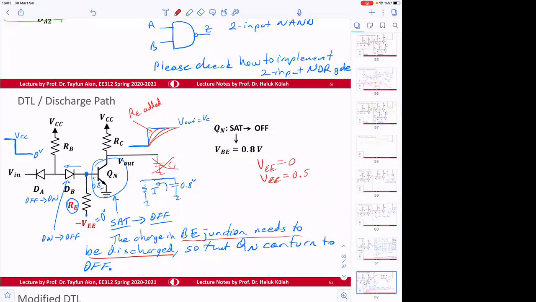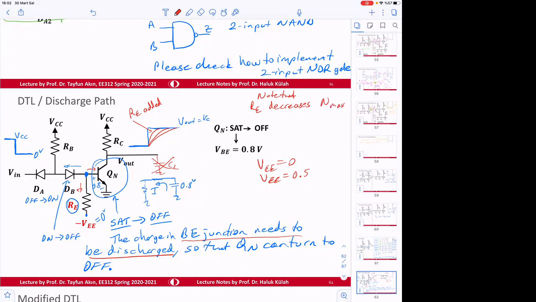Of course, this will affect our fan out, because even in normal operation there is going to be a leakage through here. Therefore, keeping the transistor in SAT is going to be a little bit more difficult. Remember, for SAT we were saying that beta I base should be larger than IC. Note that RE decreases the maximum fan out.